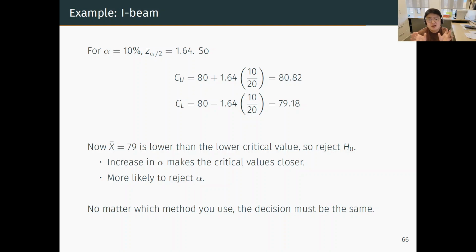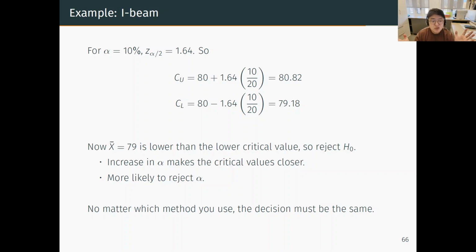So alpha, you are now willing to reject 10%, which is more than the previous one, 1%, right? So your acceptance region must shrink. So it shows that higher alpha increases rejections, right?